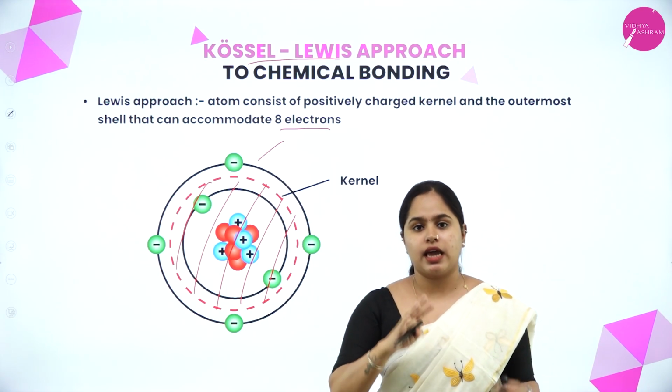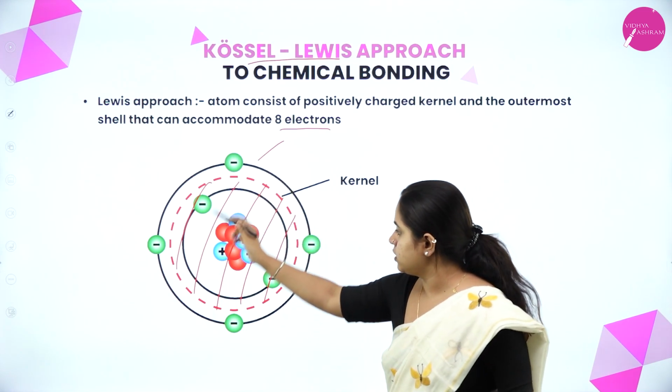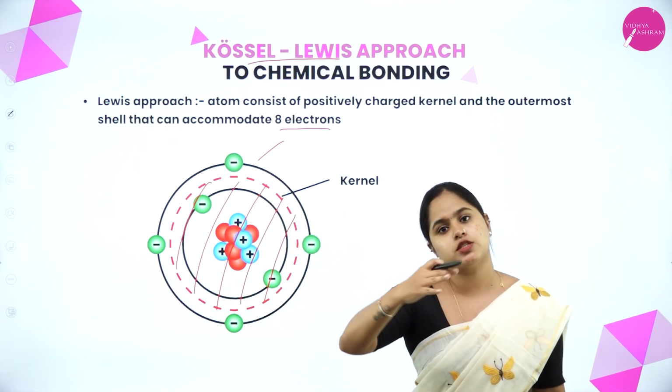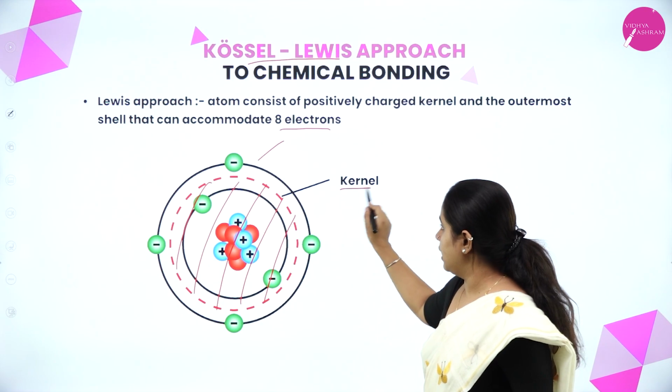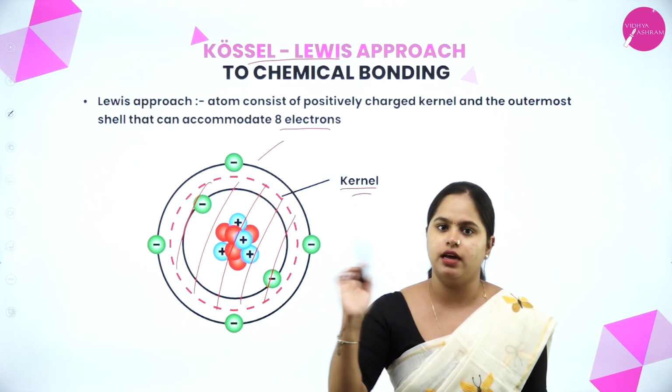So he categorized that an atom has only two parts: the whole inside, nucleus plus all other shells, considered as the kernel, and the outermost shell containing the valence electrons as the other part.